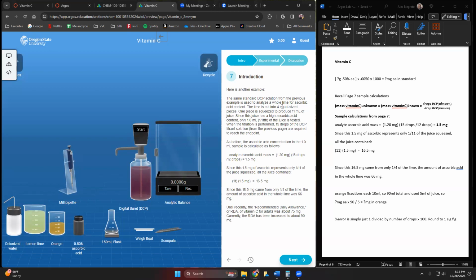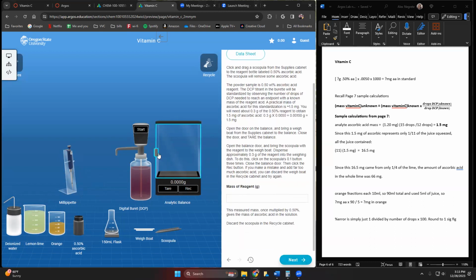They say the lime is cut into 4 equal pieces, and that each squeeze of each piece is 11 milliliters of juice, which means that we're left with about 1/11th of the juice being tested in the titration. So we'll make some adjustments later, but I'll go ahead and show you how to make those adjustments when we have to calculate for a can of lime juice or a whole entire orange, and we'll make that calculation there.